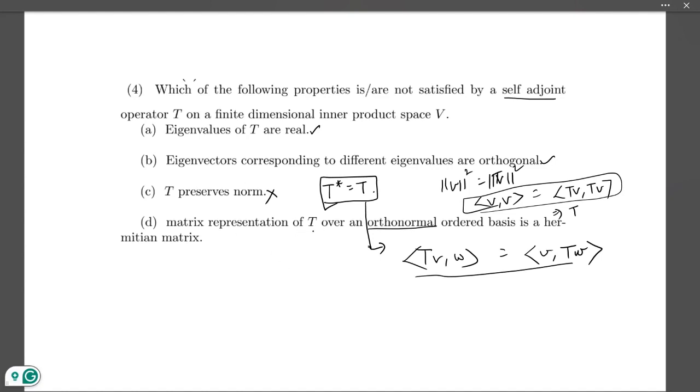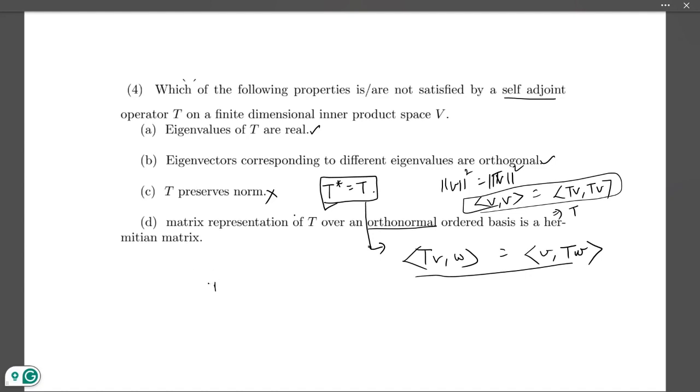The matrix representation for T over an orthonormal basis is a Hermitian matrix. If you remember, the matrix representation of T with respect to an ordered orthonormal basis is the conjugate transpose: you take the transpose and then conjugate it.